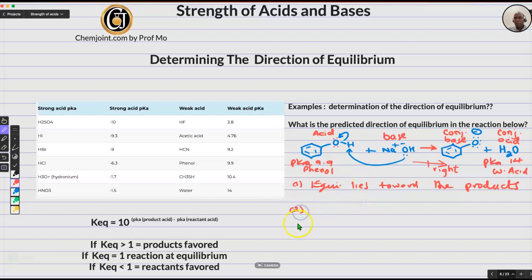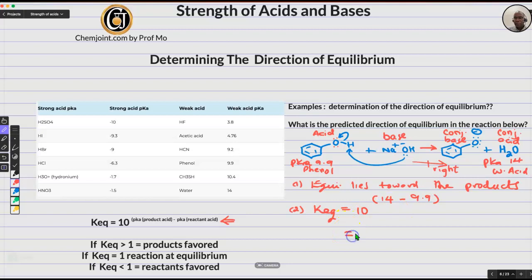Using method 2, we can use the formula here to find the estimated value of Keq, which is 10 to the power of the difference between the pKa value of the product acid and the reactant acid. The product acid is water, so it's going to be 14 minus 9.9.